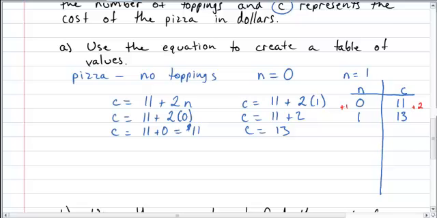Let's check this out, see if the rule holds true for 2 toppings. So if we have C equals 11 plus 2 times 2 toppings, n is 2, then we get C equals 11 plus 4, and C equals 15. So when we have 2, we get 15. So again, our table of values shows that we're adding 2, all right?